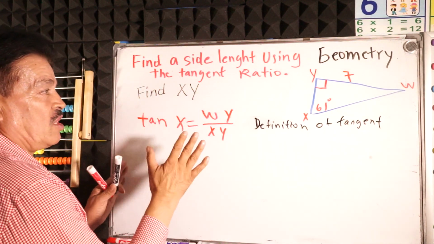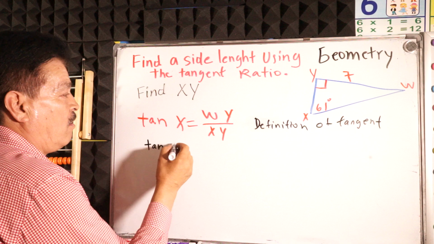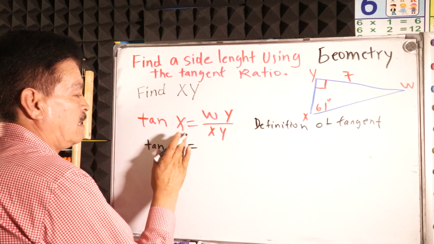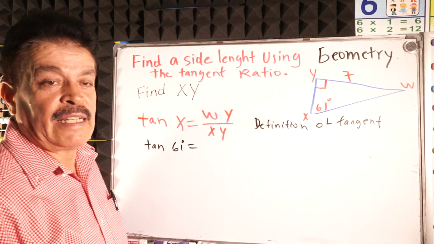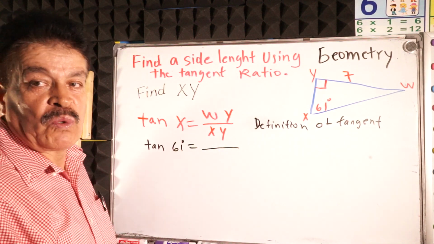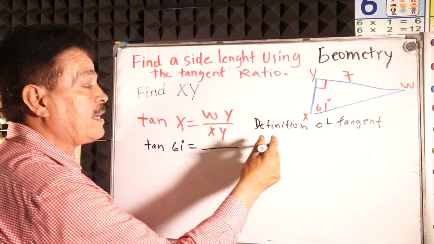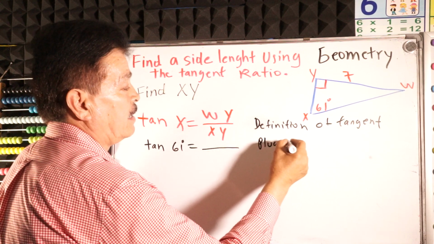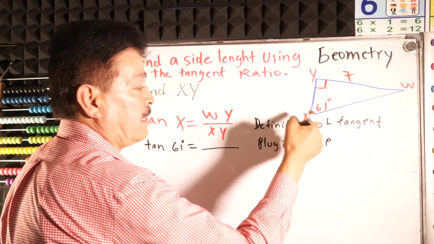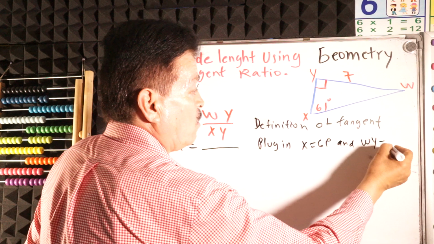Next step, just substitute the values. The tan of, in this case, 61 degrees equals what we have to write here. After the definition, just plug in: x equals 61, and WY equals 7.